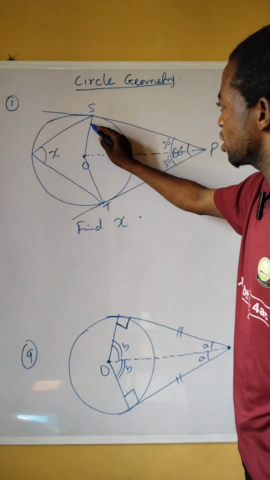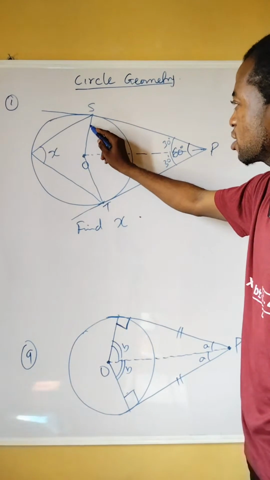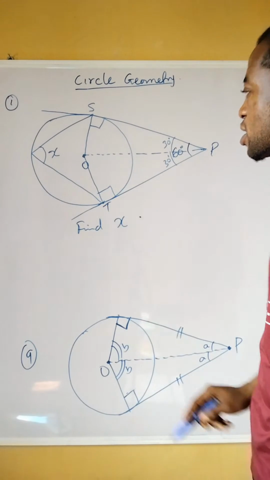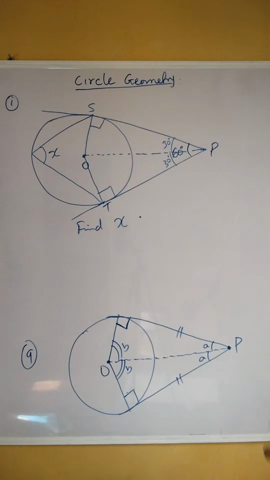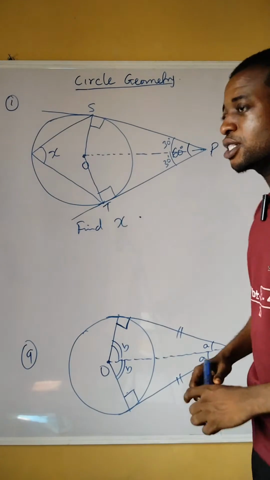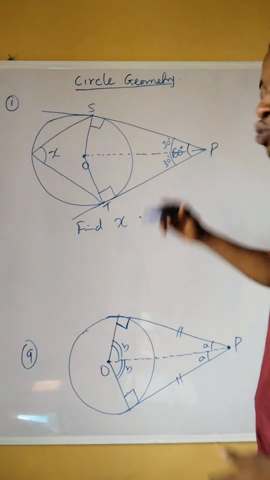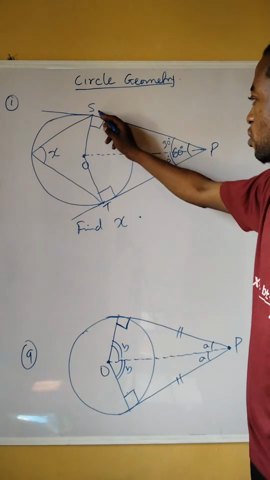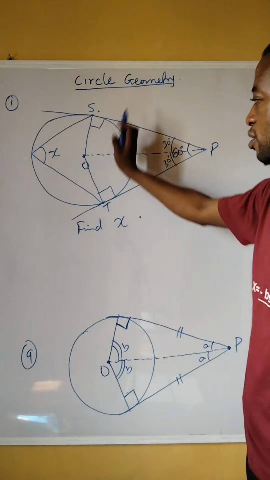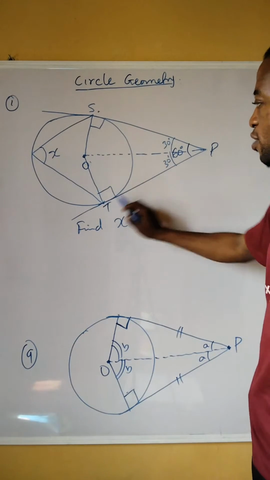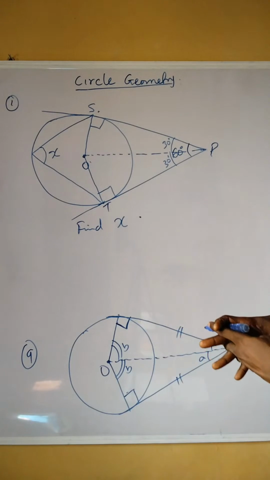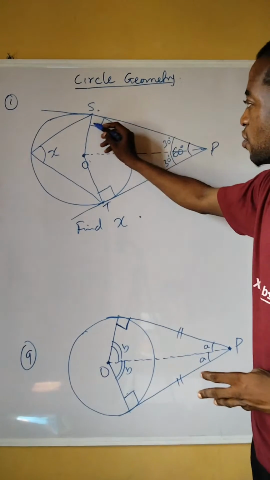And don't forget, the angle between the radius and this tangent is 90 degrees. Now, something interesting is here. We have two congruent right angle triangles, SOP or POS, and triangle OTP. They are both similar right angle triangles. And what happened there? This angle is already 90.